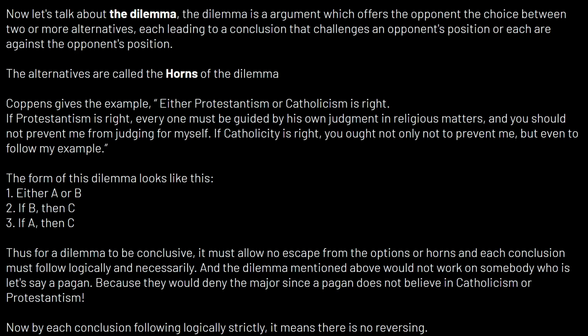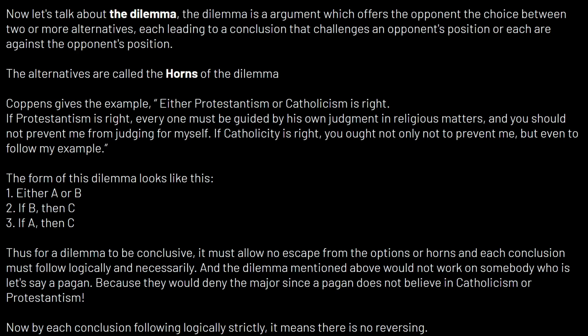Thus, for a dilemma to be conclusive, it must allow no escape from the options or horns in each conclusion. Thus, if an opponent escapes, we would say that they escaped the horns. And each conclusion has to follow logically and necessarily. That is, the consequent must follow the antecedent necessarily.